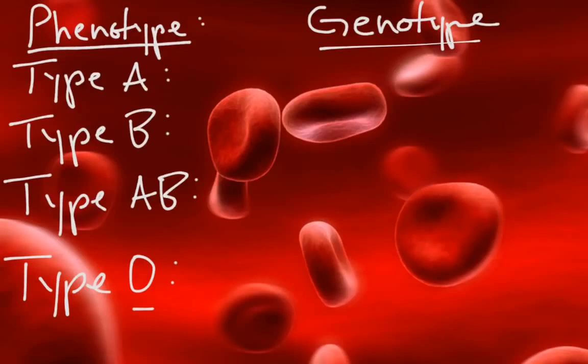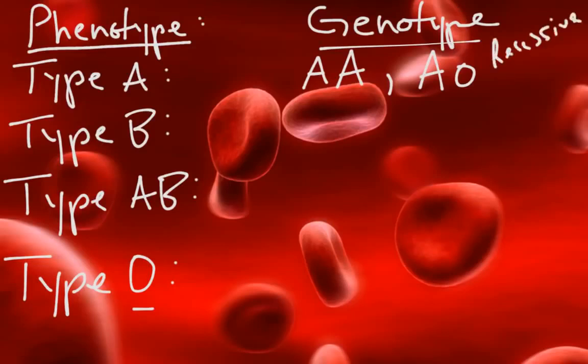And so there's 2 different ways we can be type A. We can be homozygous for type A, or we could be heterozygous with an A and an O, and the O is going to be recessive, and so it is going to be covered up by the dominant, which is A.